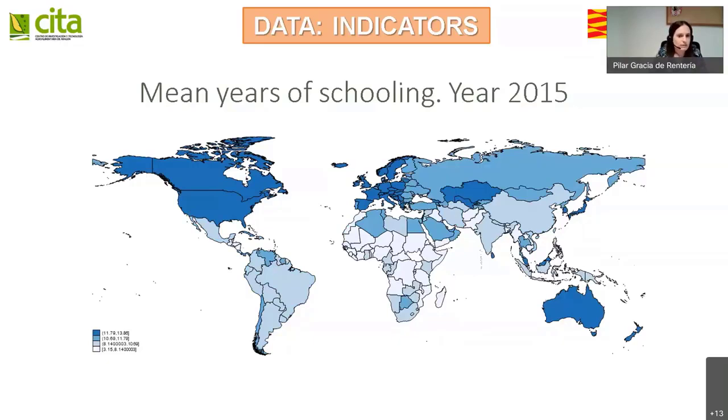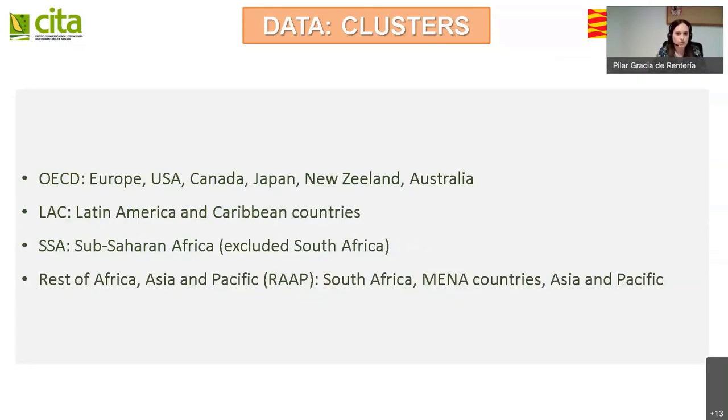So to confirm this geographical pattern, we have implemented the Moran's-I test that confirmed the existence of global spatial positive autocorrelation with spatial clusters around similar values. So according to that, the results that we obtained in this study are presented for the following 4 clusters: the OECD, Latin America and Caribbean, the Sub-Saharan cluster, and the rest of Africa, Asia and Pacific cluster.